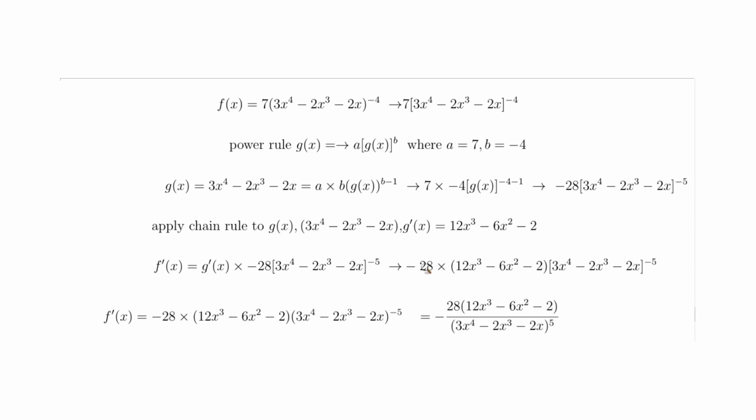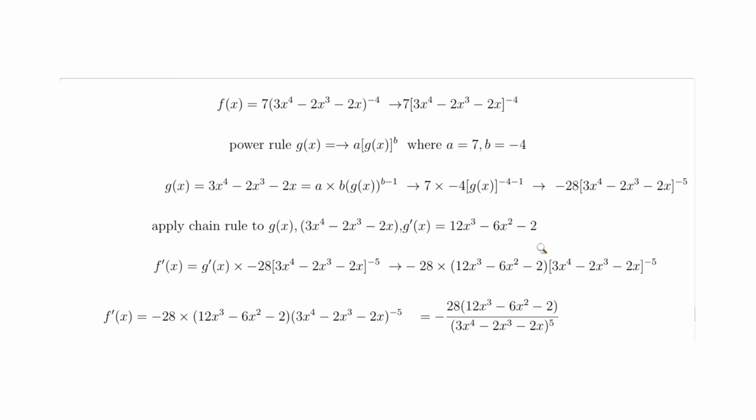And that, all separated out, is quite easy to write because you've got the derivative there, so just bring that down and multiply it by the polynomial. So -28 times (12x³ - 6x² - 2), open bracket again, (3x⁴ - 2x³ - 2x) to the power of -5. And I've done separate brackets here so you can see where each term comes from.